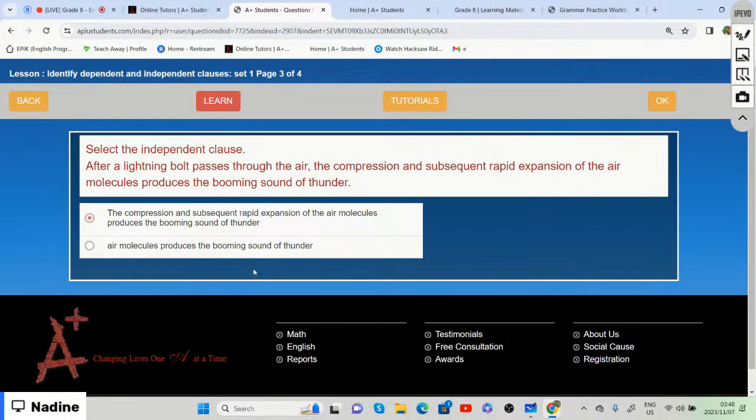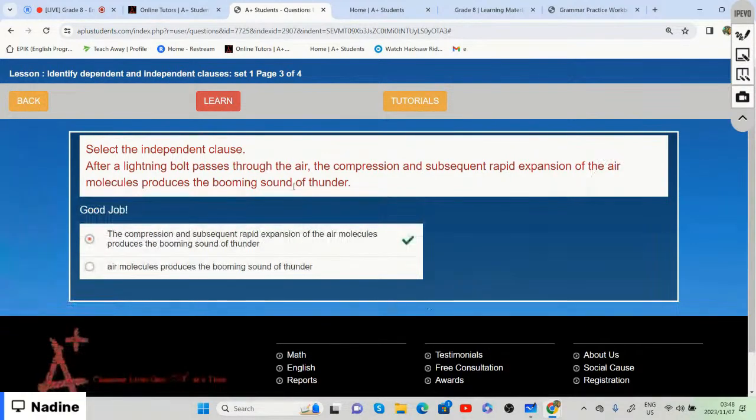Let's try the first one. And the first one is correct.